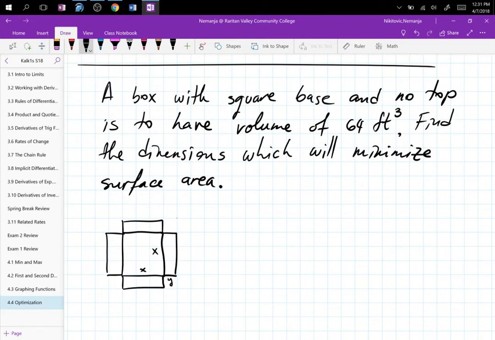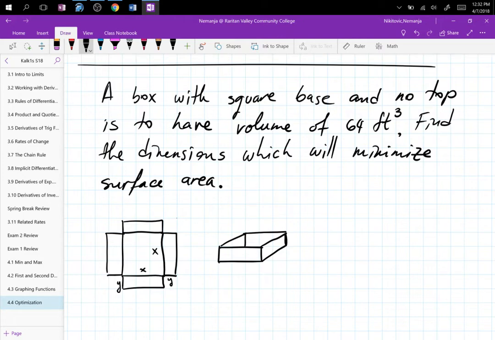And the height of each one of these sides is Y. Now, if you put this thing together, looking from the side, you are going to have something that looks like this. That's the box, and you can see inside there is no top.